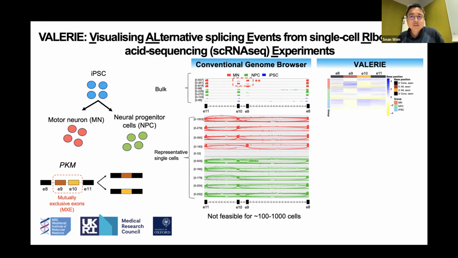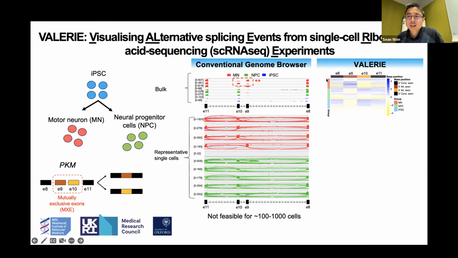By looking into Valerie, Valerie is able to show you the broad picture of all cells that were included for analysis. So over here in this heat map, you will see that the rows correspond to the different cells stratified by the different cell groups, red, green, and blue. The columns represent the individual genomic bases, and the colors represent whether the exon is expressed or not.